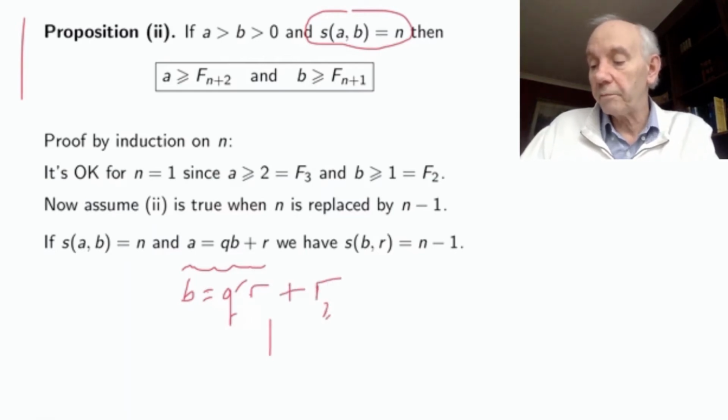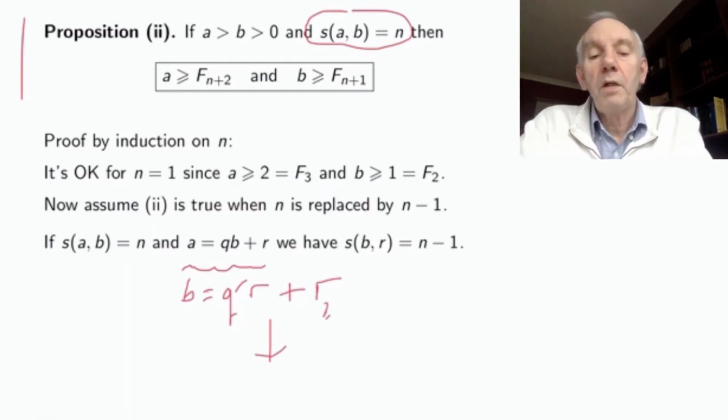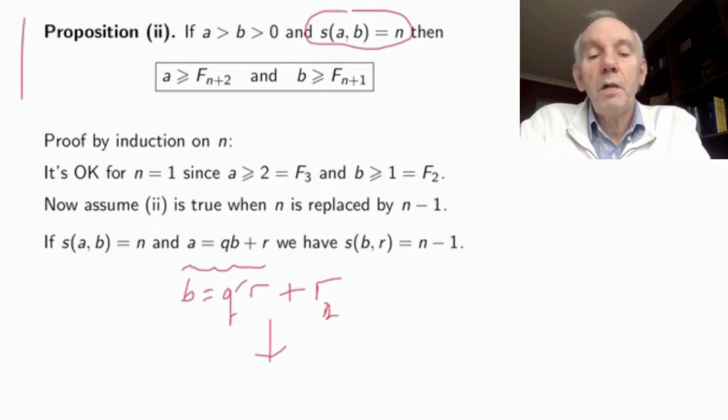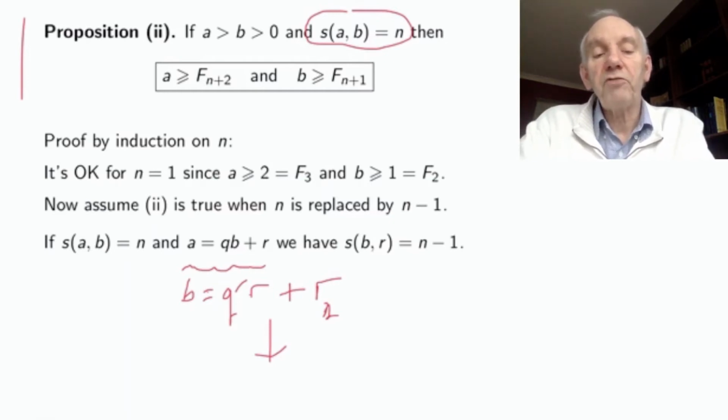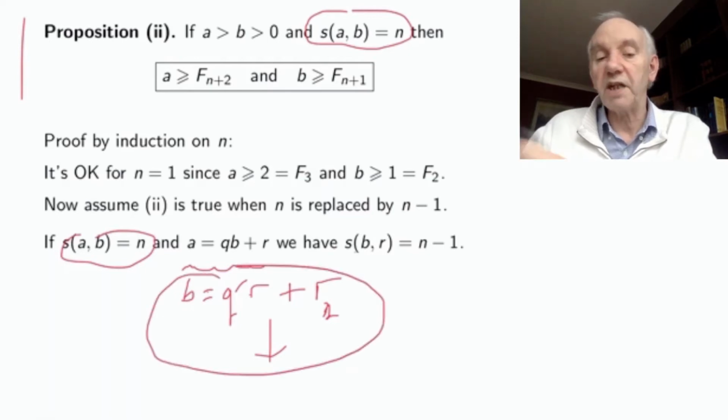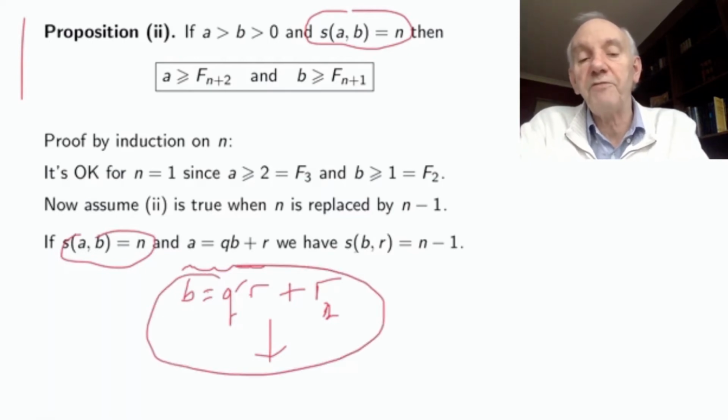And then we keep going. But you see, the point is, if we need n steps to compute the greatest common divisor of A and B, then to compute the greatest common divisor of B and R, we only need n minus 1 steps, because it's everything that's left. We don't need the first line anymore.